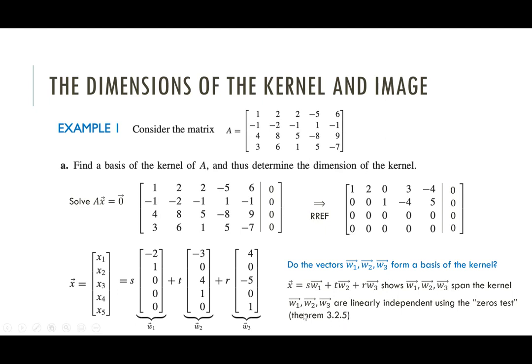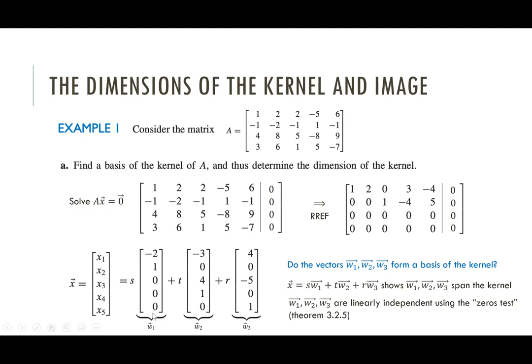And let me just quickly state what the zeros test is. The idea is if you have any number of vectors, and in one of the components, or say one of the rows, you have a non-zero component in one vector, and the corresponding components are zero in the other vectors, then this vector with the non-zero component can't be a linear combination of the other two.